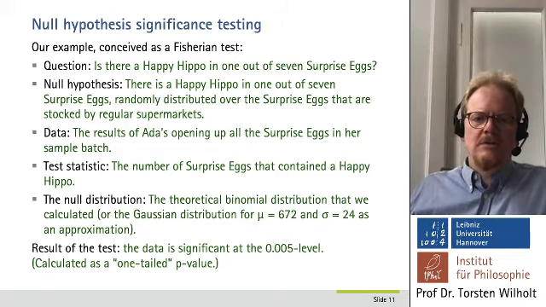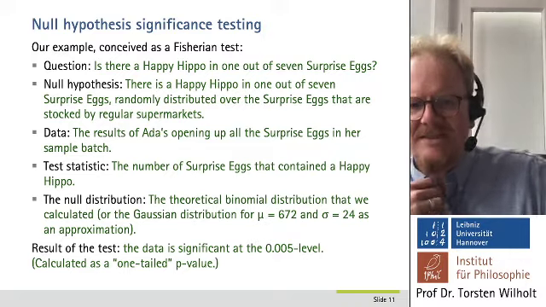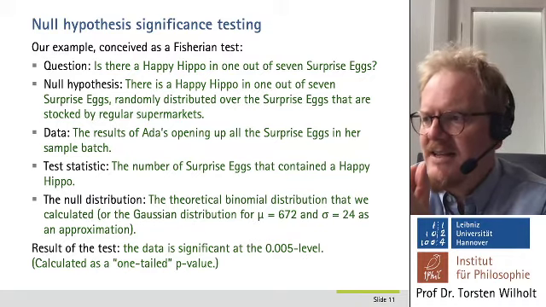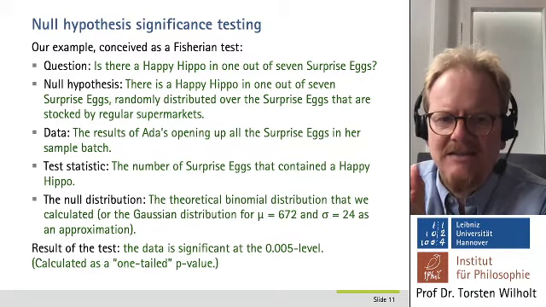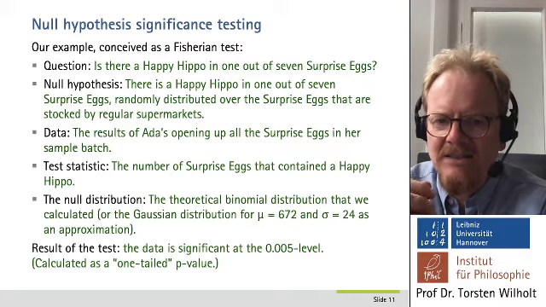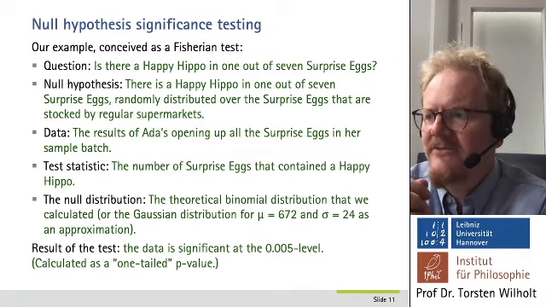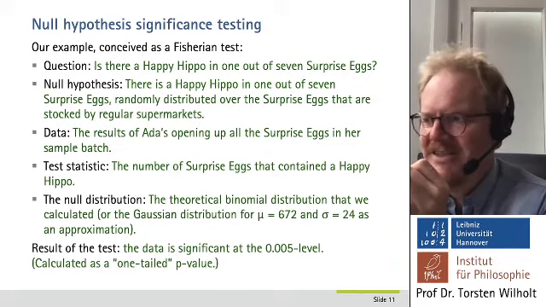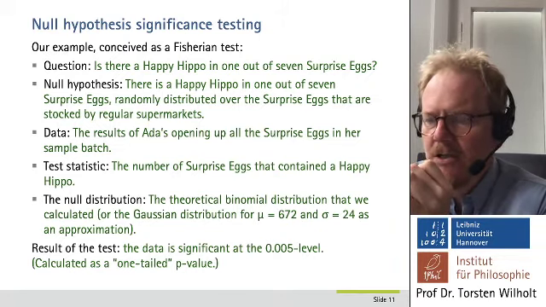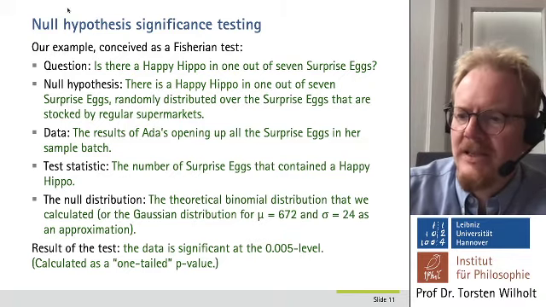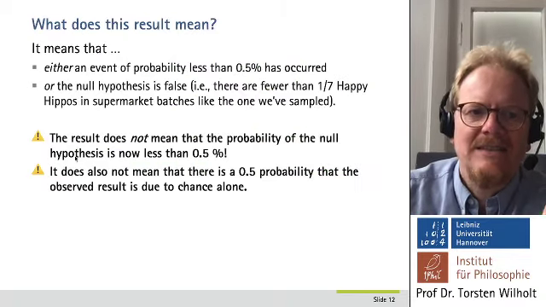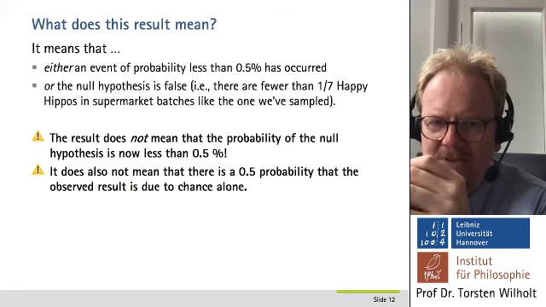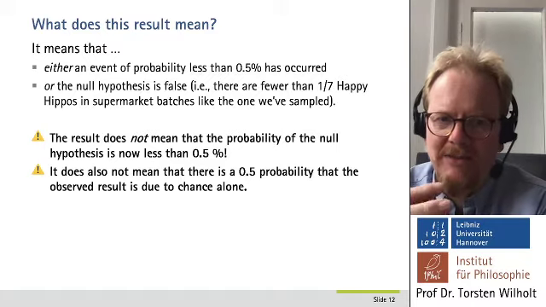So, what does this result mean? What does it mean when our statistical test delivers the result that the data is significant at the 0.005 level? The p-value is 0.005. Well, it means that either an event of probability less than 0.5% has occurred, or the null hypothesis is false.